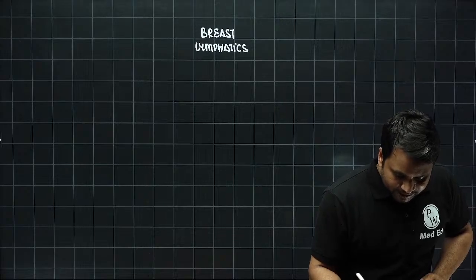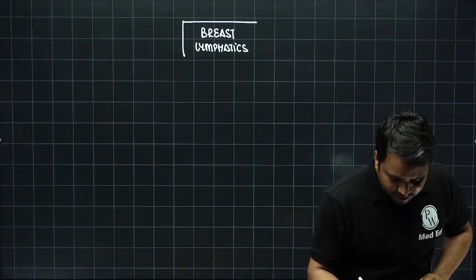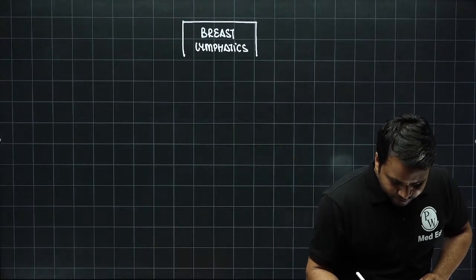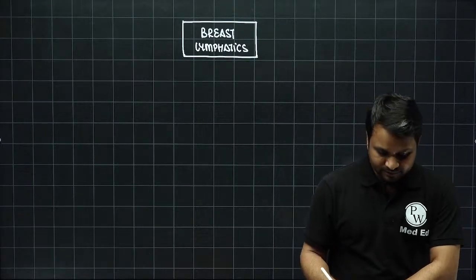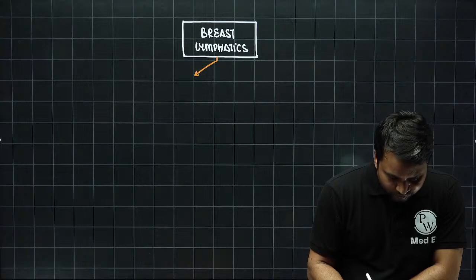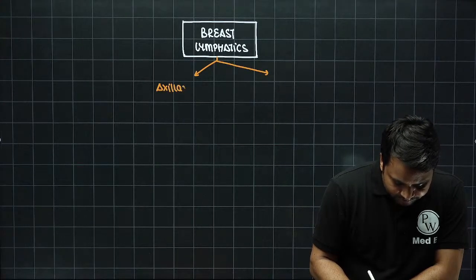When we talk about the breast lymphatics, the principal drainage of the breast is carried out by two major groups, right? So two sets of lymphatics which are going to drain the breast. Now what are the two basic sets? One is going to be the axillary group of lymph nodes.